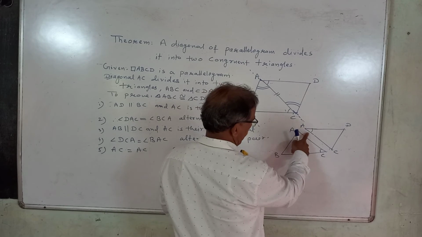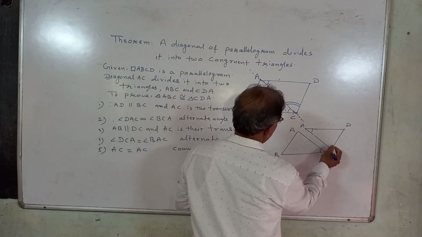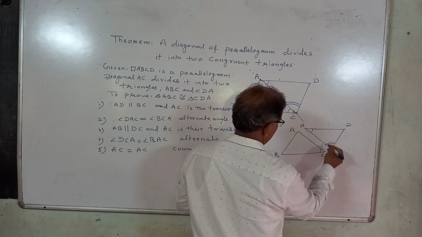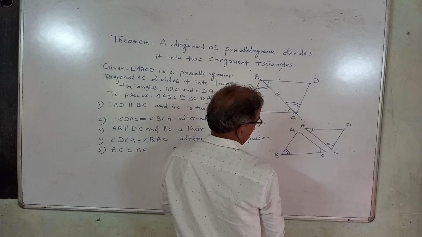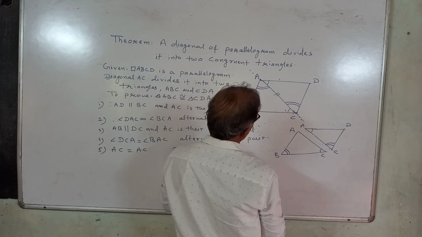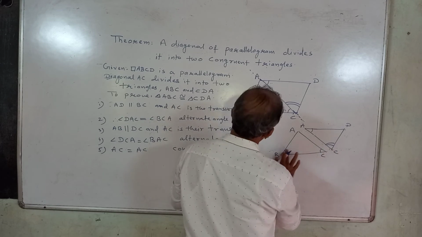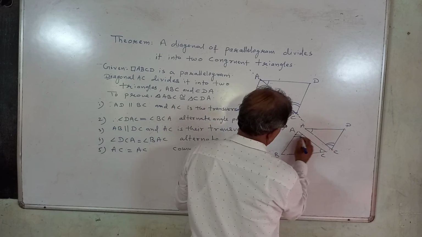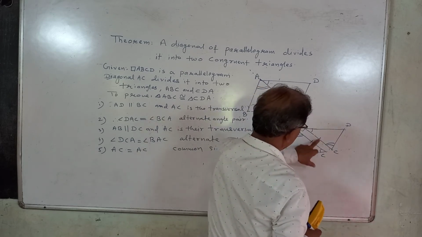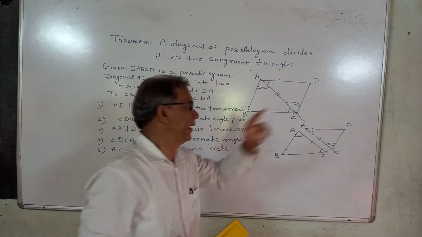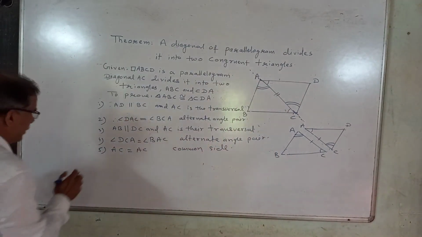So angle A coincides with angle C of triangle ABC. This angle C of ADC equal to angle B of ABC, isn't it? And this angle C equal to angle A of ABC, and you can see this AC equal to AC. So by angle side angle criteria, the two triangles are congruent.